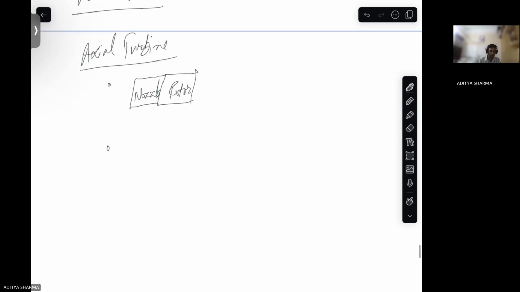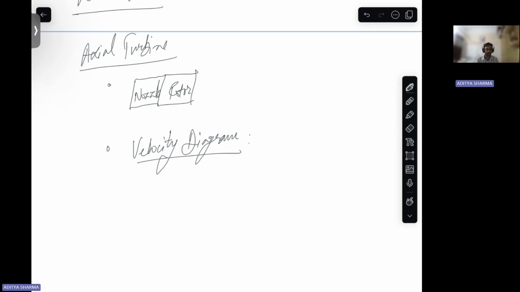Then the velocity diagram. Its velocity diagram is this.